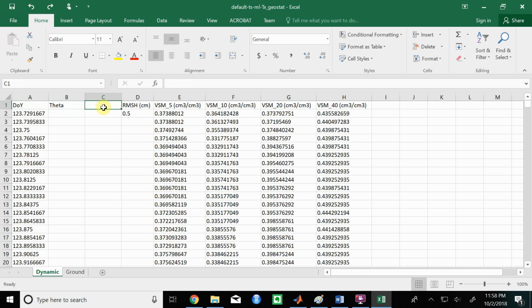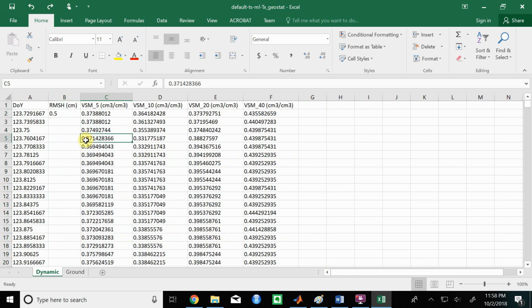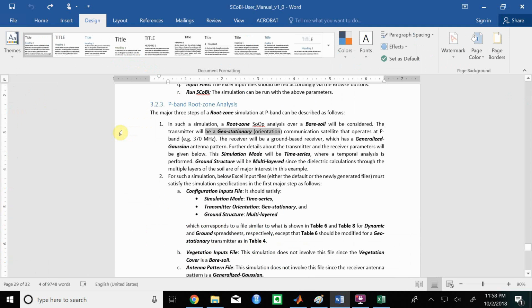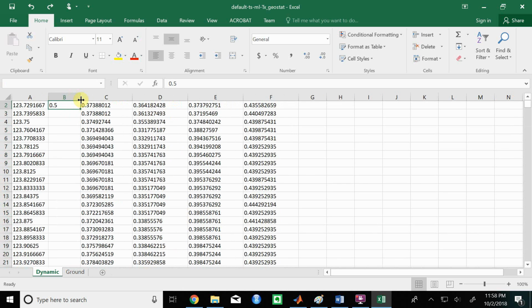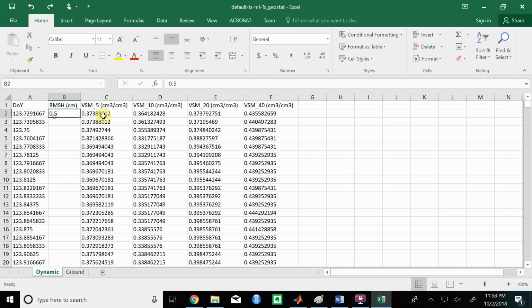But we don't have that because this is a geostationary satellite in this case. The RMS height is a constant 2.5 centimeters throughout this, and we can list that just by writing the single RMS height value right there.